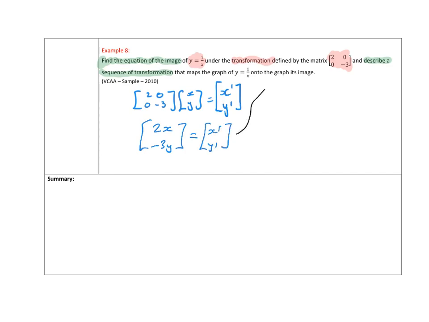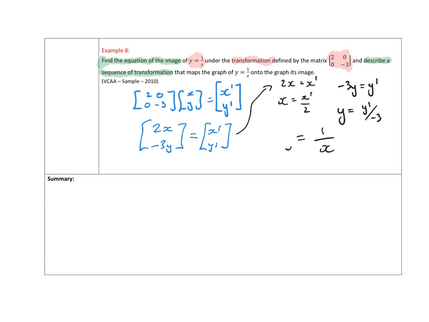Following our same formula, we can now equate 2x to x dash, solving for our old x, and negative 3y to y dash, solving for our original y. Now once we've got this, we want to sub it into the pre-image being y equals 1 on x.